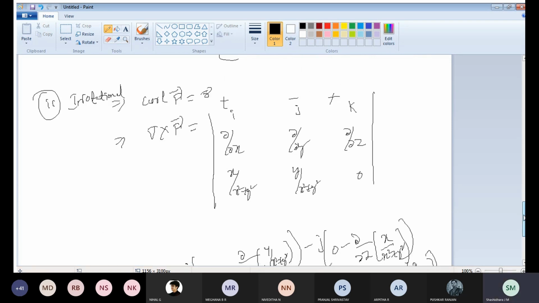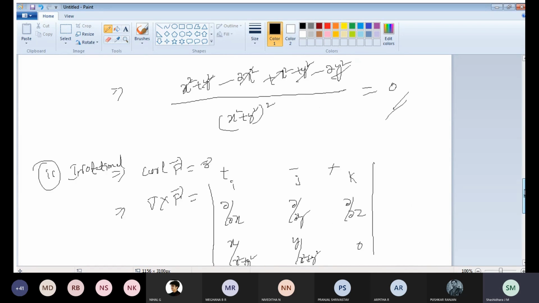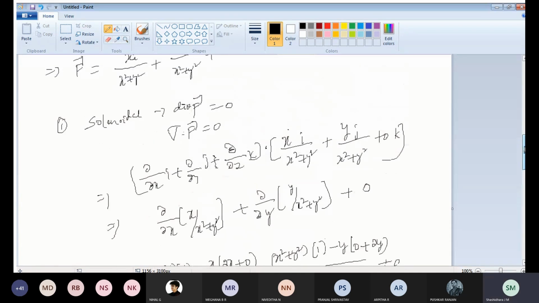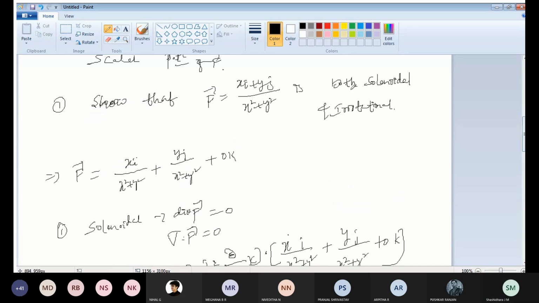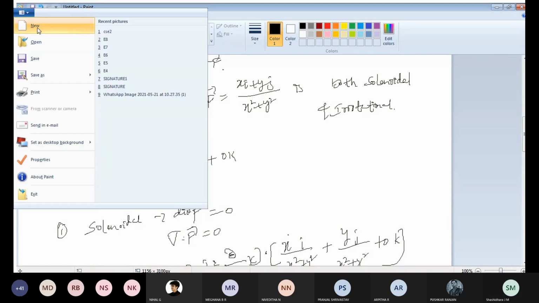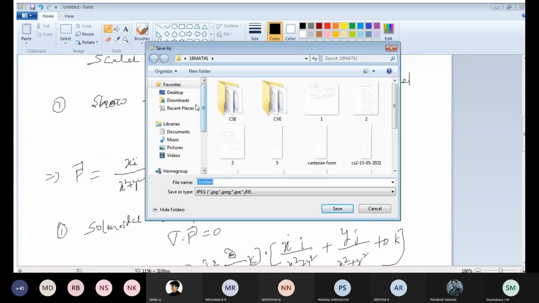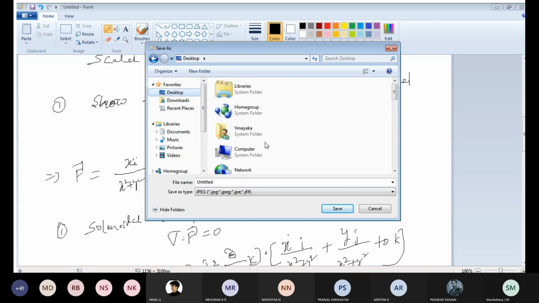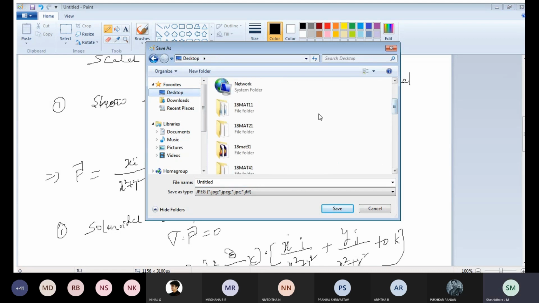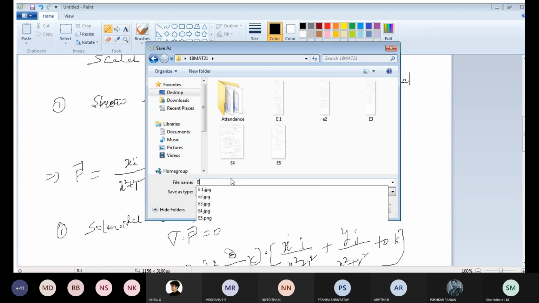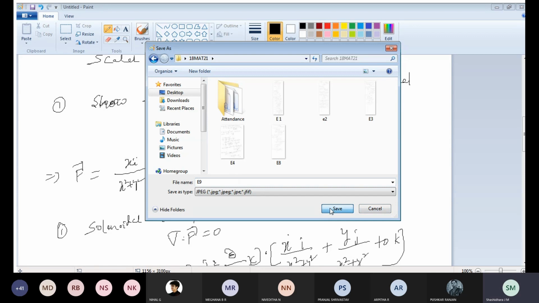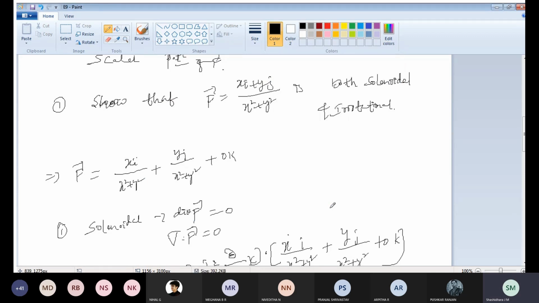So any doubts for finding rotational and solenoidal? Any doubts? Okay, then write down. Okay, write down.